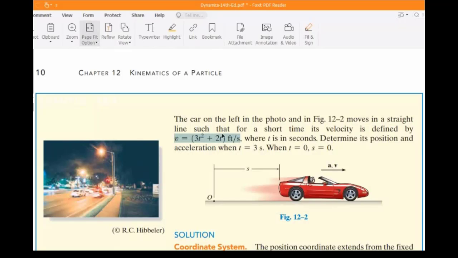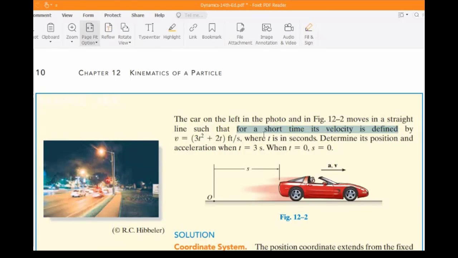It is not like in one second it will go like this, in the next second like that, with constant motion. They have also said it moves in a straight path such that for a short time its velocity is defined. For a short time, what does it mean?